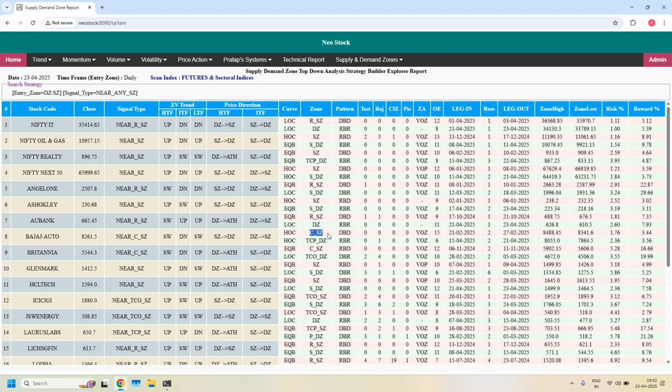Bajaj Auto is having a daily high liquidity supply zone. Britannia is having a daily high liquidity supply zone. Laurus Lab is having a daily high liquidity supply zone.